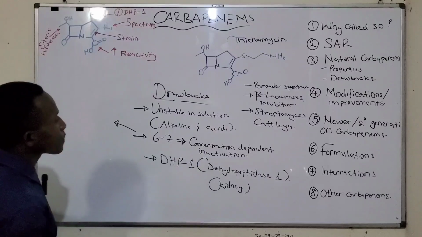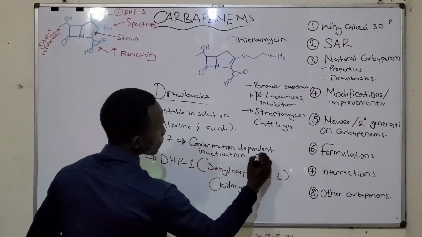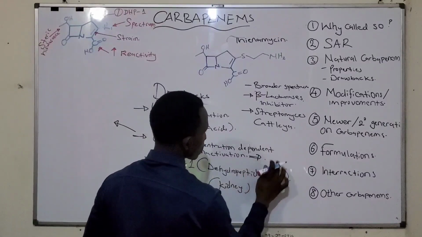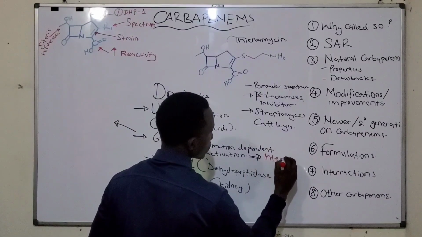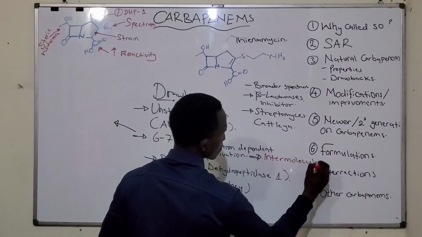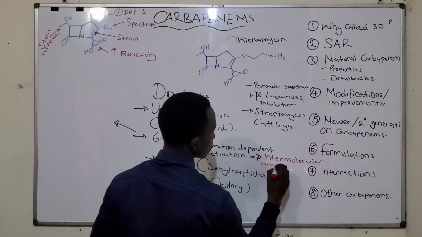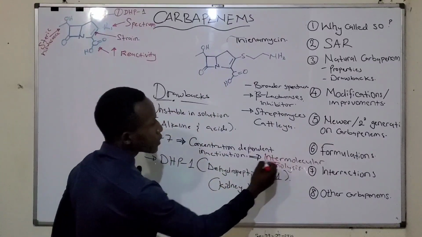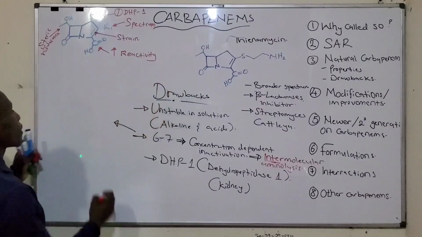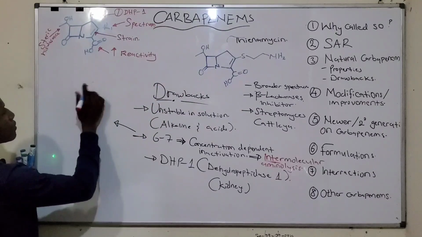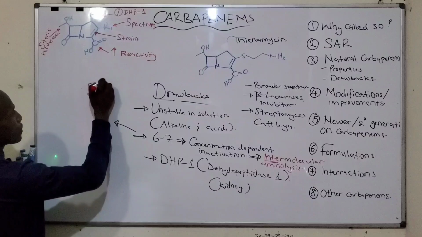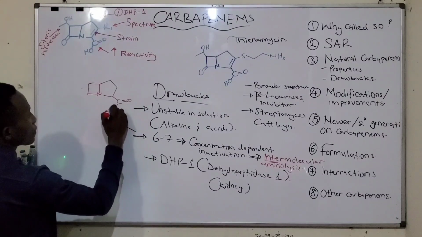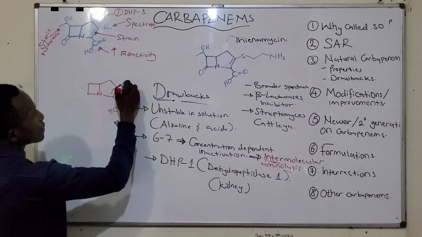The inactivation at concentration 6 to 7 is due to intermolecular aminolysis. Inter means different. So if you have thienamycin here, this is thienamycin.